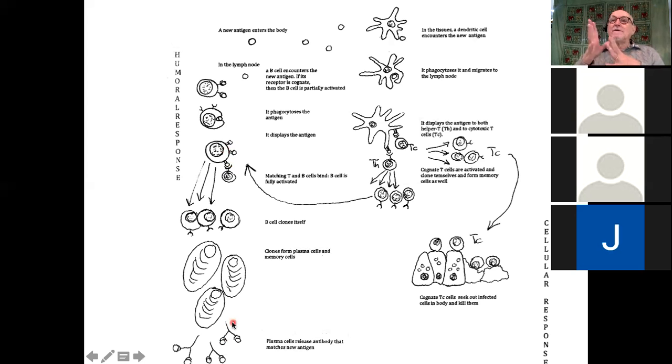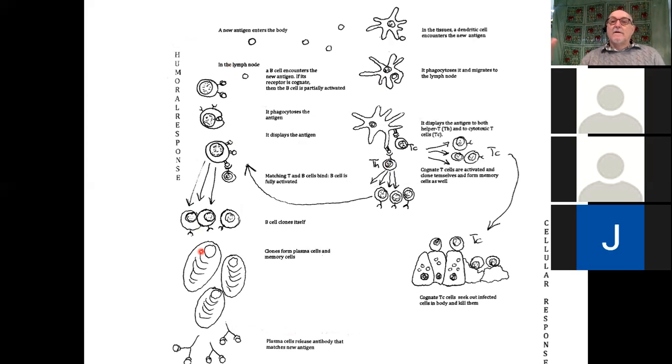That's how this kind of lock and key system exists, so that when we have virus or whatever, the antibody is very, very specific for certain molecular patterns on the virus or bacterium, and will only act there at the specific epitopes that it recognizes. So that's that story. This whole arm here, the release of antibody, this is called the humoral response.